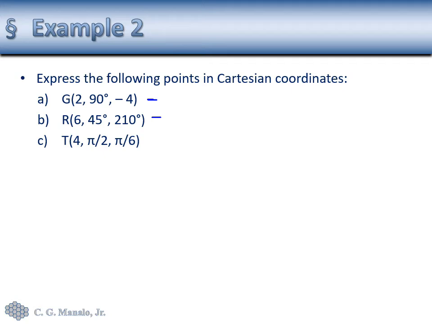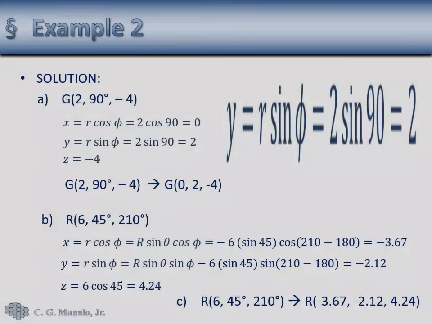This one is spherical, and this one as well is in spherical. So we're being asked to transform the coordinates into Cartesian coordinates. So I will answer both A and B.